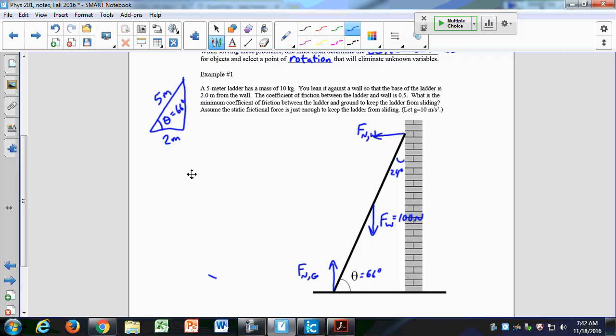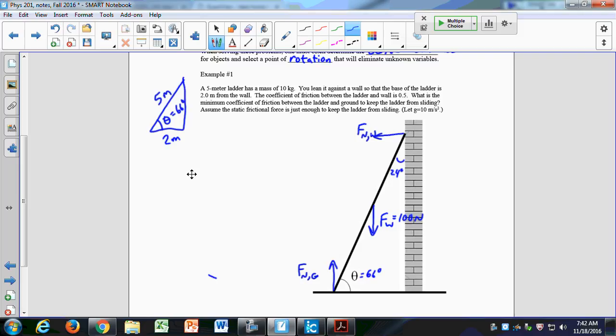Then I also have some frictional forces. Remember, the frictional force will oppose the direction of motion. If this object had no friction acting upon it, which way would it move? Would it move like this, or like this? Right, it'd slide down. If there was no friction, the bottom would move out and the top would move down. So our frictional forces are going to oppose those directions of motion. Is our frictional force here up or down?